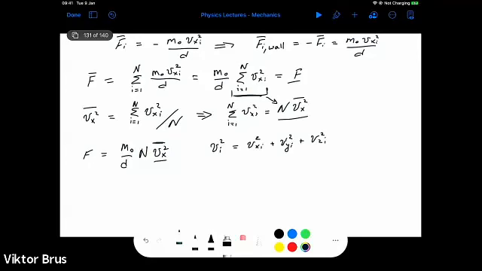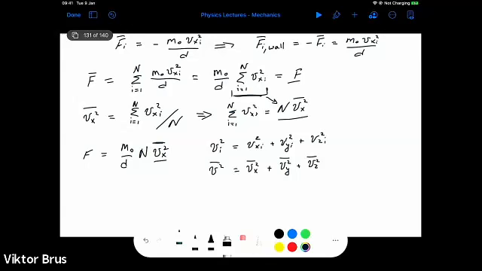The same approach can be applied to average velocities. This is written for a single molecule, but it also will be true for the average values of these squares. So V square average for all molecules equals Vx square average plus Vy square average plus Vz square average.